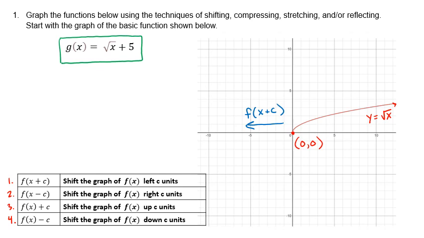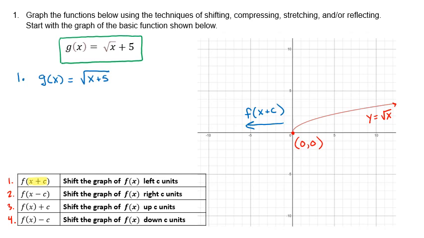See how I just highlighted the x plus c in the parentheses? That would be, for example, g of x is equal to the square root of x plus 5, with the plus 5 inside with the square root function. So here, the function we're working with is the square root function.